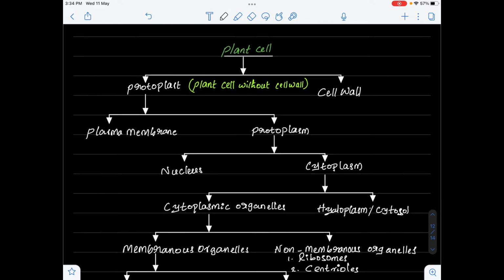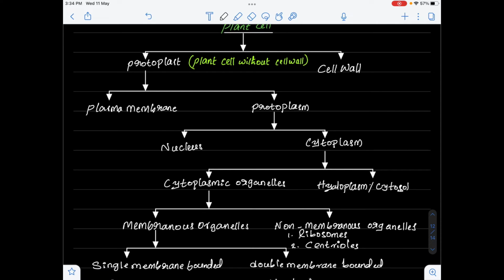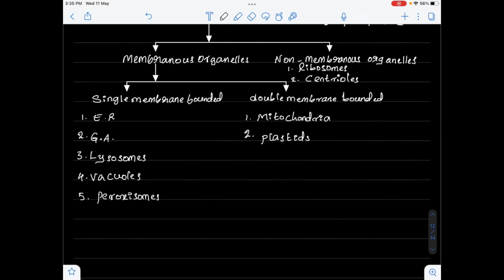Now from this basic structure of the cell, we will discuss all the components of the cell. First let us start with the structure of the cell wall.